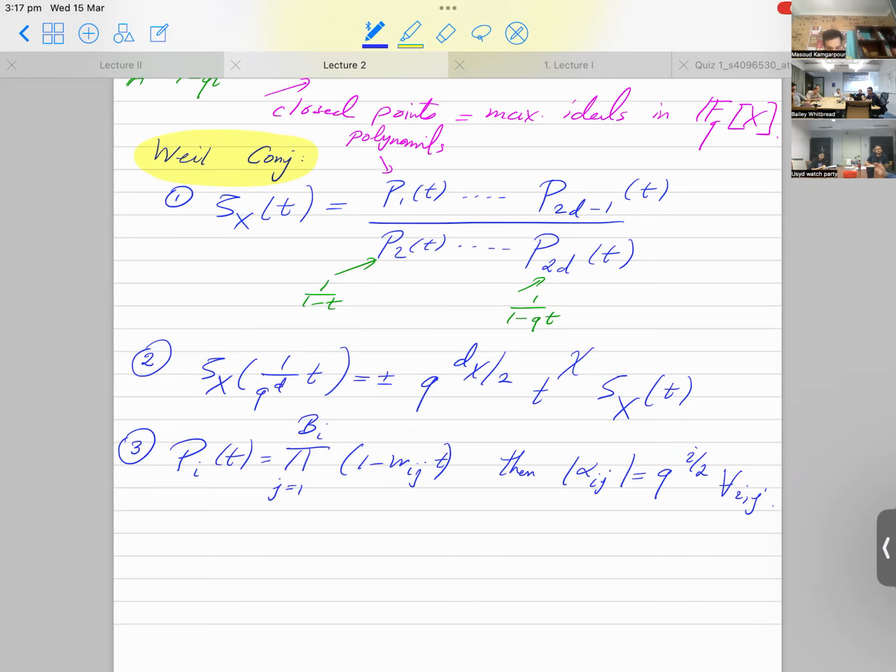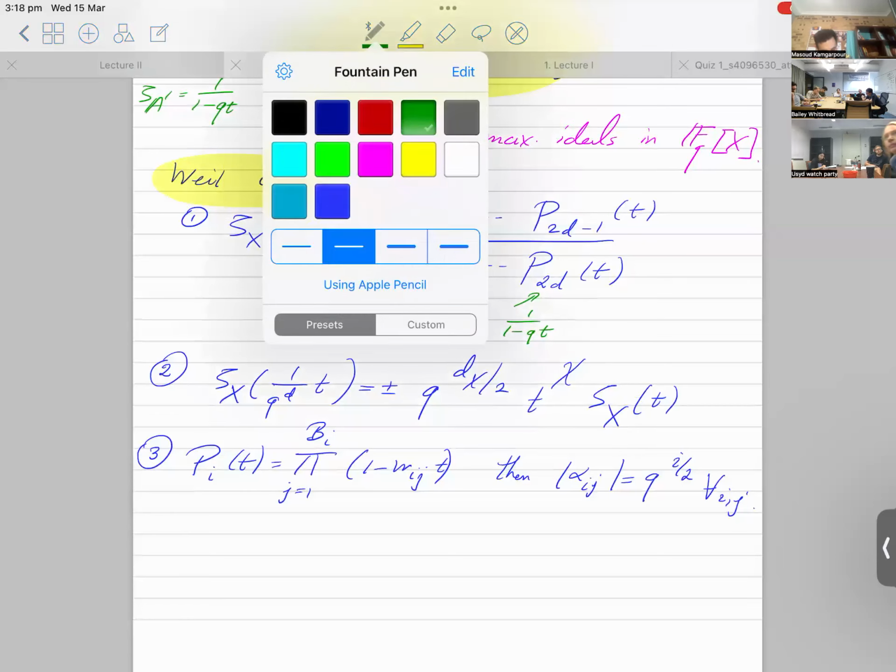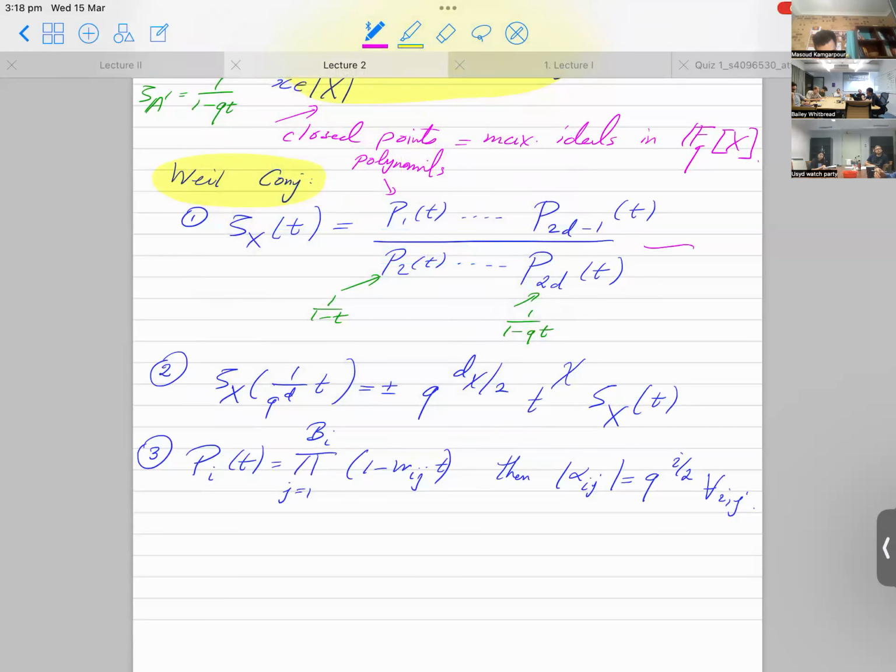So maybe before moving on, the first Weil conjecture was proved by Dwork, in a surprise for the mathematical community. So this was 1960, for which he got a Fields medal. This one was proved by Grothendieck with significant contributions by Artin. This is 1960s, for which he got a Fields medal.